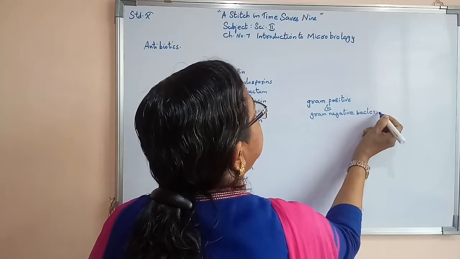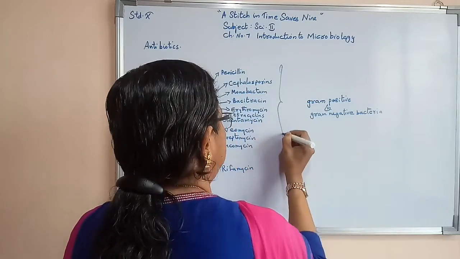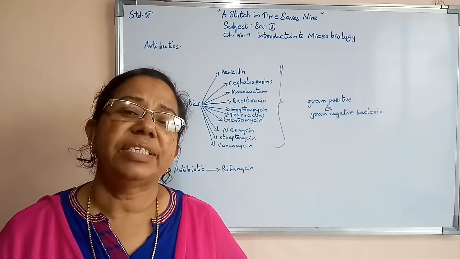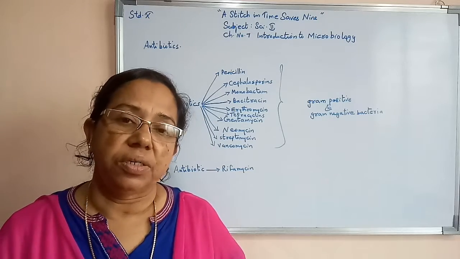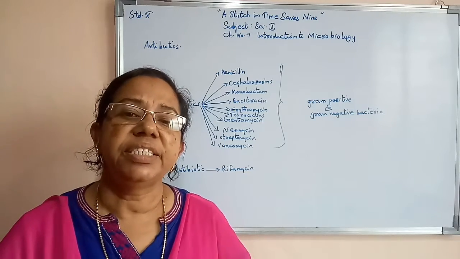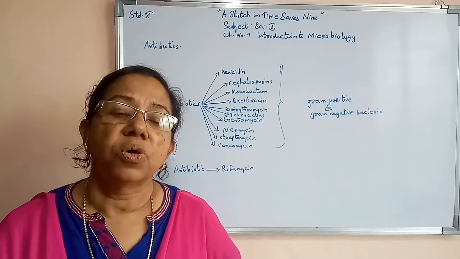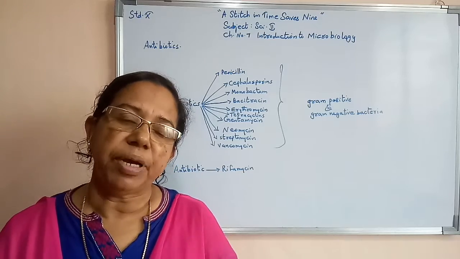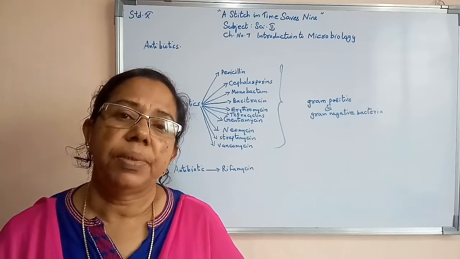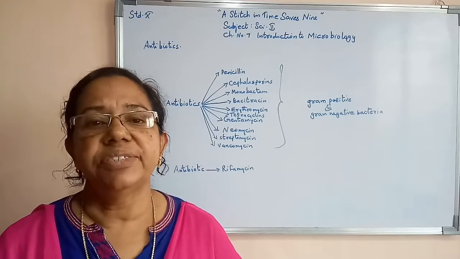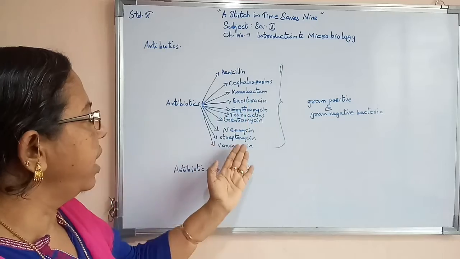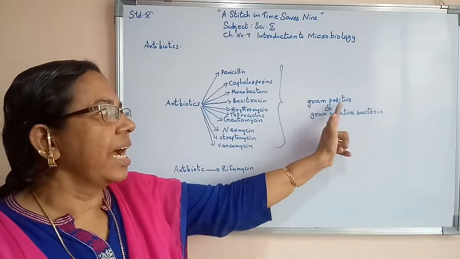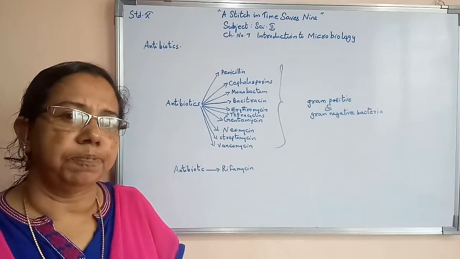Antibiotics are medicines which destroy the disease germs that cause diseases to human beings as well as animals. These antibiotics are made from different types of bacteria as well as fungus. We have a number of antibiotics which can destroy gram positive and gram negative bacteria.